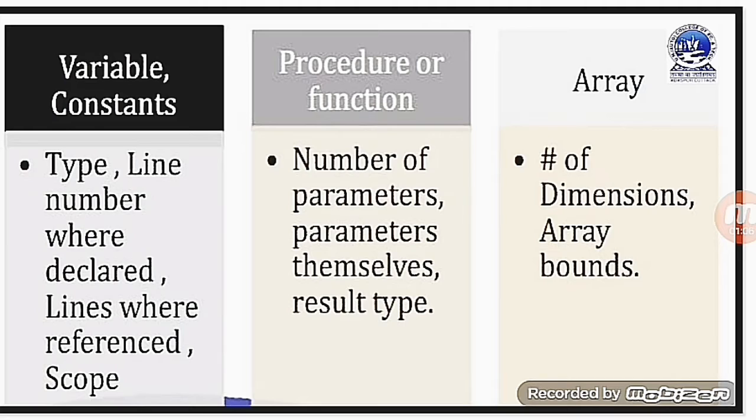In case of variable and constant, the attributes are type, line number where declared, lines where referenced, scope, etc. In case of procedure or function, the number of parameters, the parameters themselves, result type, etc. In case of array, the dimension of the array or boundaries of the array. All those are the attributes.